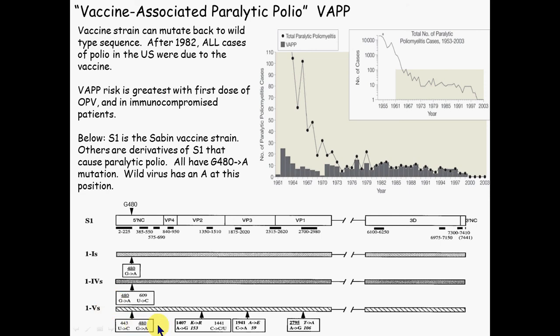I guess some of them have other mutations, but the one that really matters is this one. The G residue mutating back to an A gives you back a pretty much wild type dangerous virus. And all 3 of these examples include that mutation. So the otherwise harmless Sabin vaccine can mutate back to wild type and can cause polio.